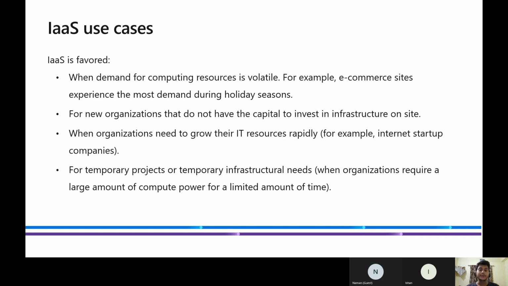Next, let's talk about use cases. IaaS is favored when demand for computing resources is volatile. For example, an e-commerce site experiences the most demand during the holiday season, right? You can just think of snacks. On a regular basis, the snack sales are regular. But all of a sudden, when the new year comes or any kind of tour month comes, their sales rise.